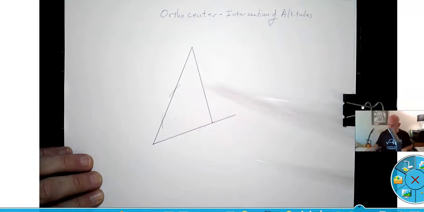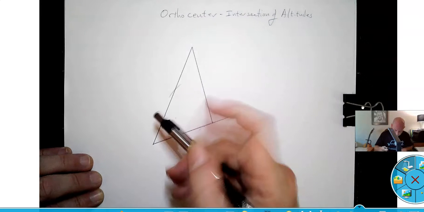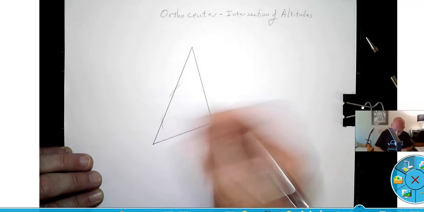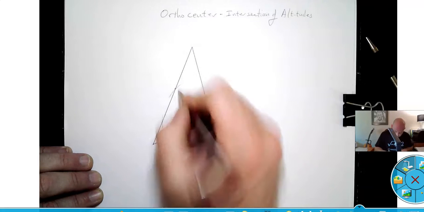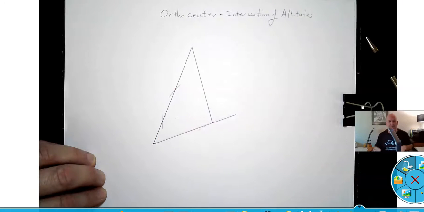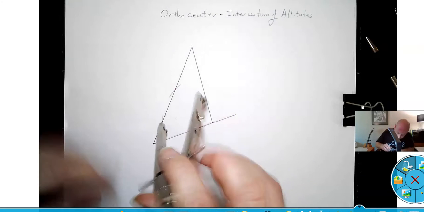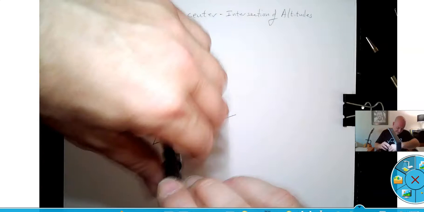Notice I just made my two intersections. We'll go ahead and mark that here and here. Honestly, the compass construction is only as good as the sharpness of your pencil. Let's make that bigger.